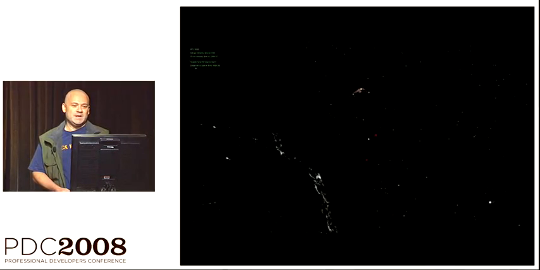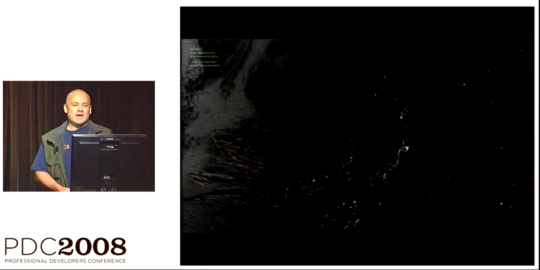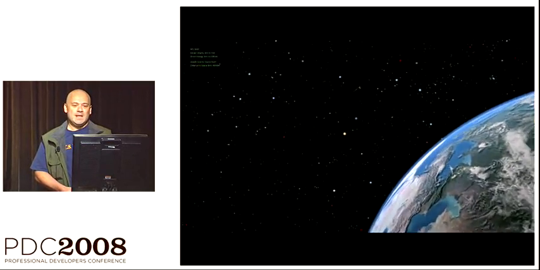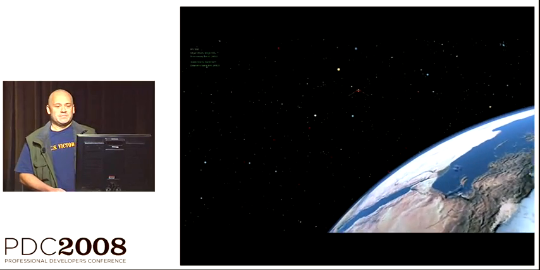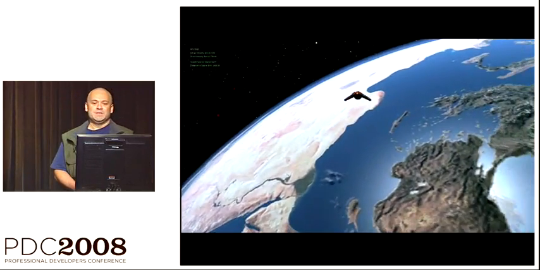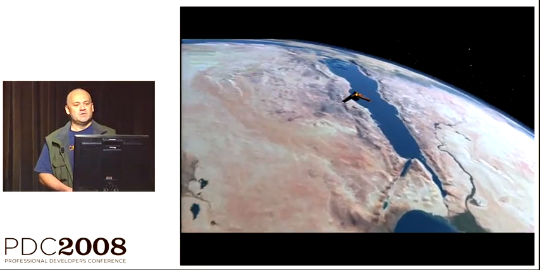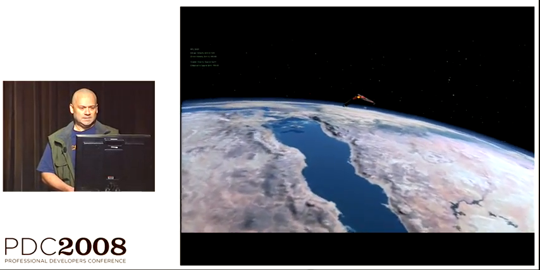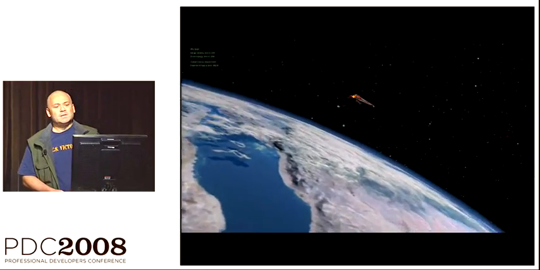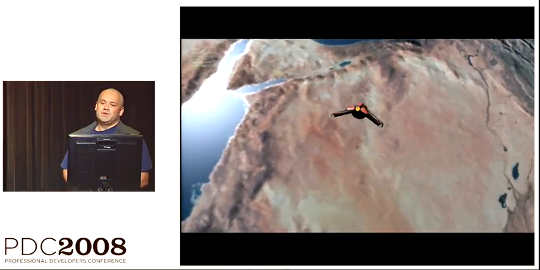There's night side lights here as well. So you can see on the night side we've got that going on. We've got the atmospheric halo, specular reflection on the oceans. The clouds are all casting shadows as well, as you can see there. And the clouds are all bump mapped as well as the terrain being bump mapped.